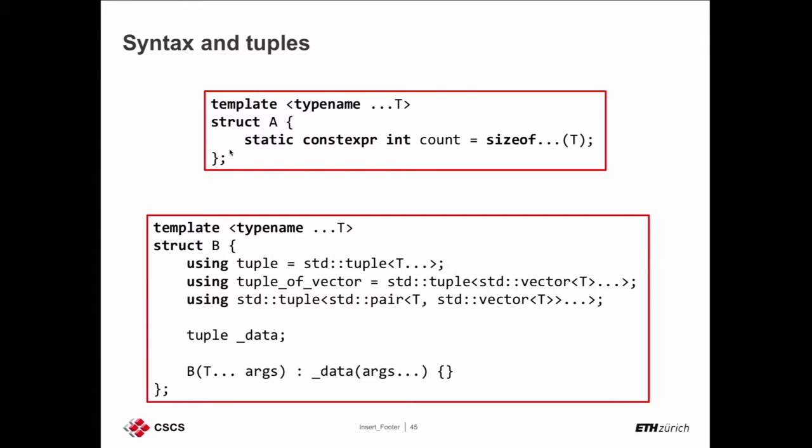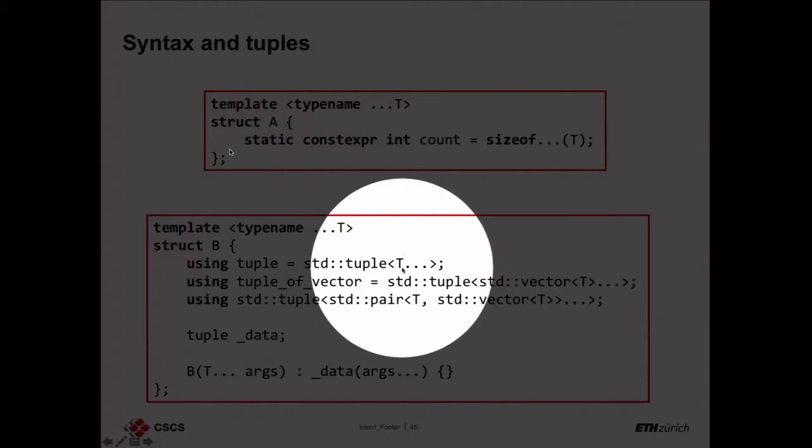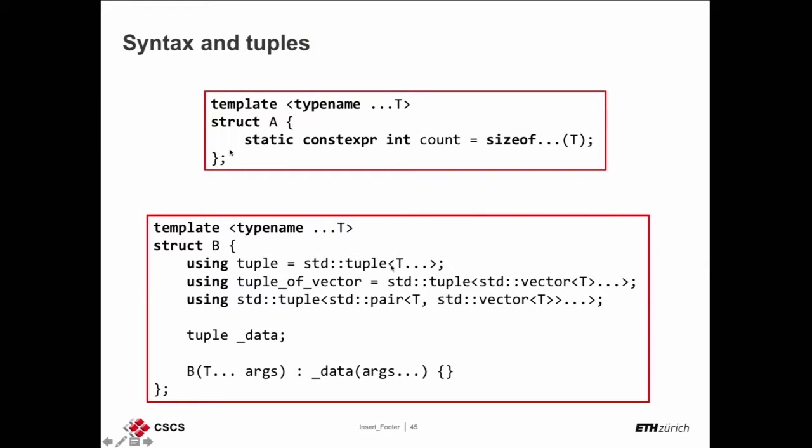So here I can create a tuple. And a tuple is a std::tuple and the list of types. A tuple is basically a container of, well, it's not a container in the sense that you can go from the first to the last one, but it's like a container of elements of different types.